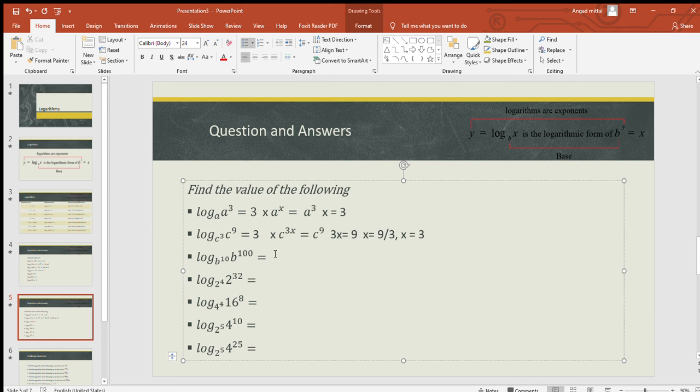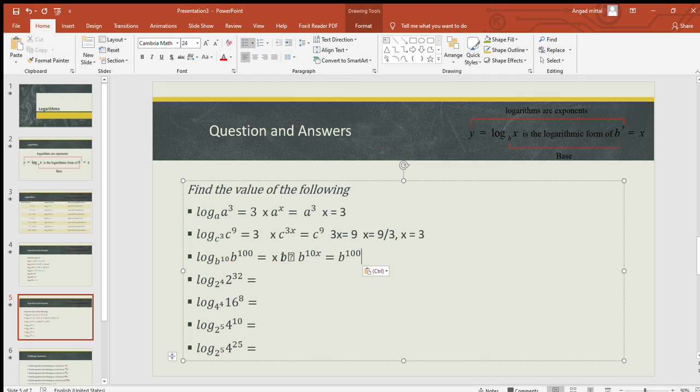Now the same thing for the third question. Convert it into exponential form by taking the unknown value as x. It becomes b raised to the power 10x is equal to b raised to the power 100, because of the exponential law.